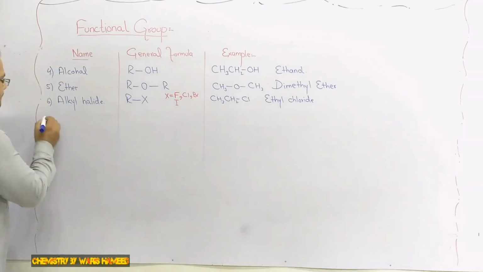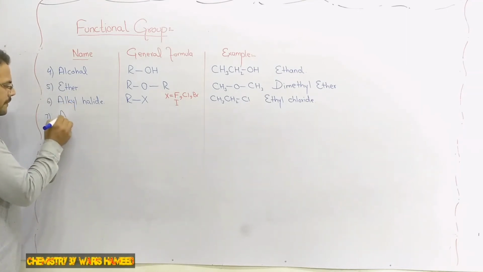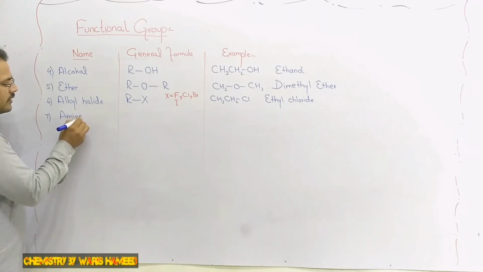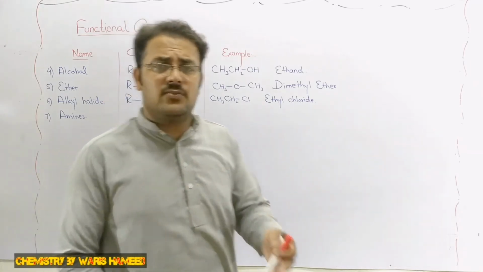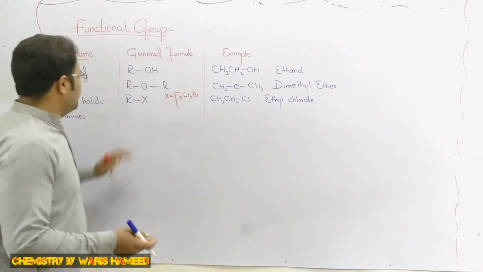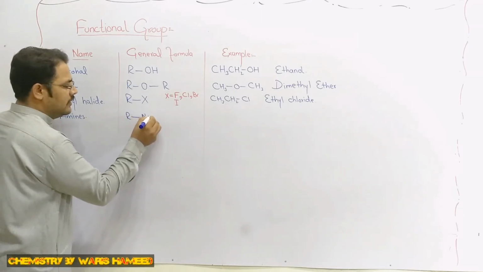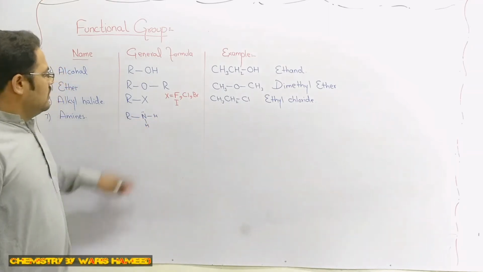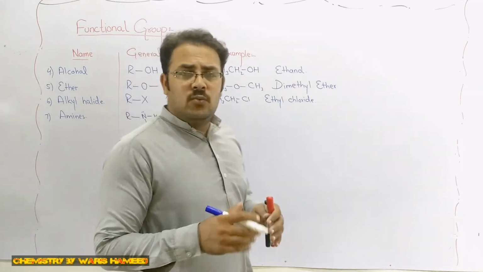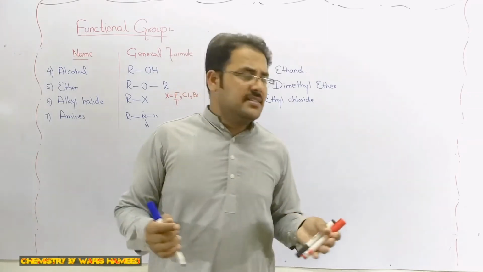Next example is amines. In this case, one hydrogen in alkane is replaced with an NH2 group, and its general formula is R NH H. These hydrogens may be replaced with another alkyl group, forming secondary and tertiary amines.